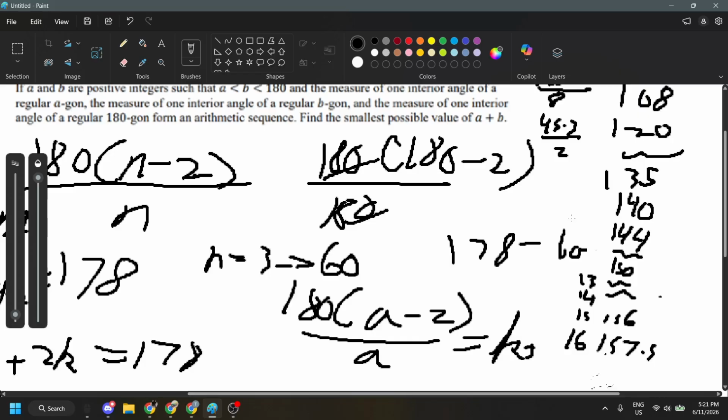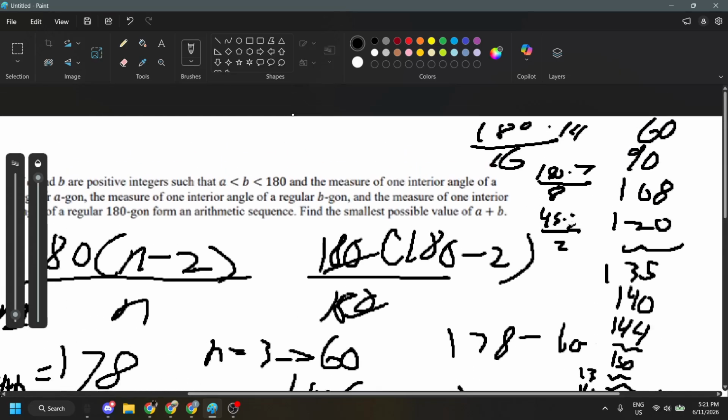That cannot be right. 45 times 7 is 315. 315 over 2 is 150 plus 7 and a half. Okay, yeah.